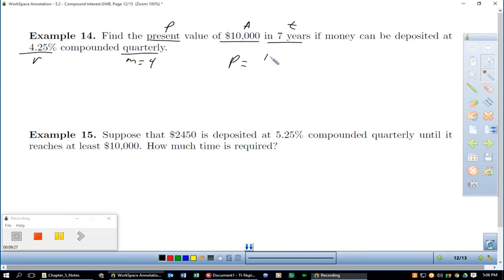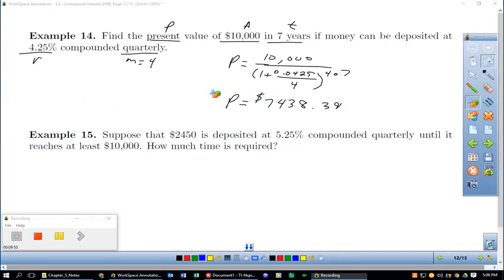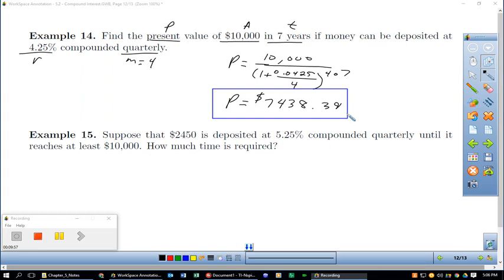P equals 10,000 over a big fraction: 1 plus R, 0.0425 over M, which is 4, all to the 4 times 7. So if we work that out, we should get $7,438.39. Always round at the end.